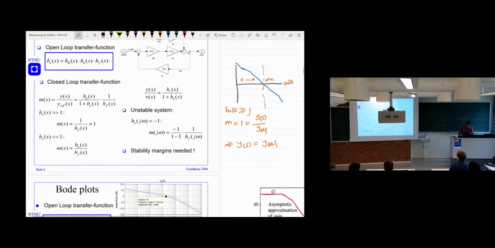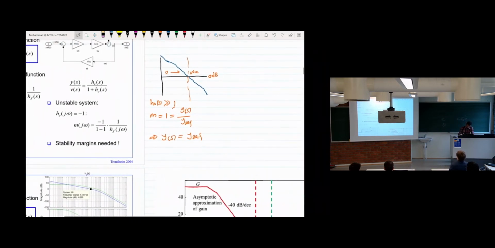So what does that mean? That means we have the closed loop transfer function, H naught over HF, which is Y divided by Y ref. And then you can write the output here, Y(s), which is H naught divided by HF.